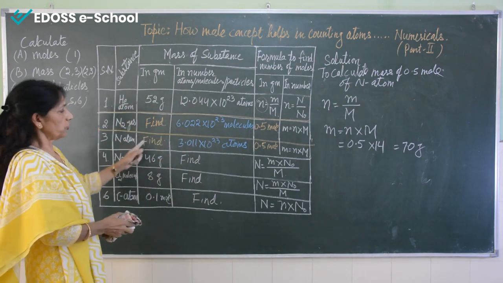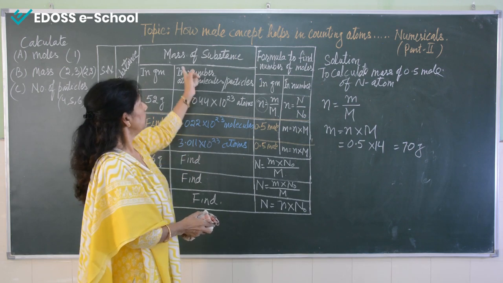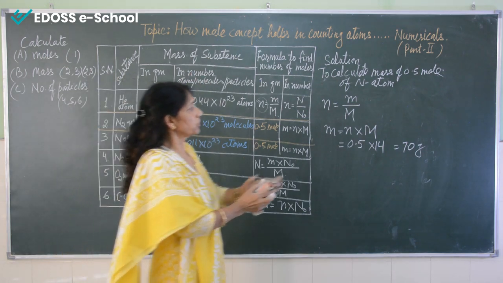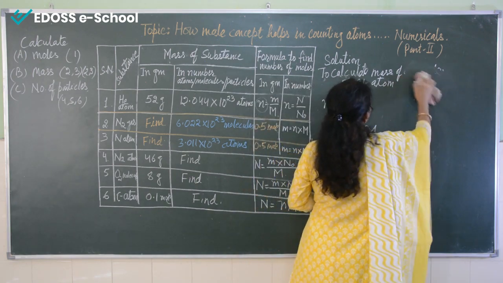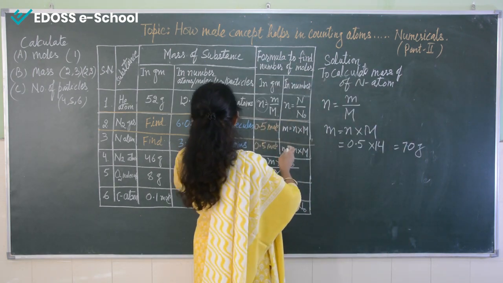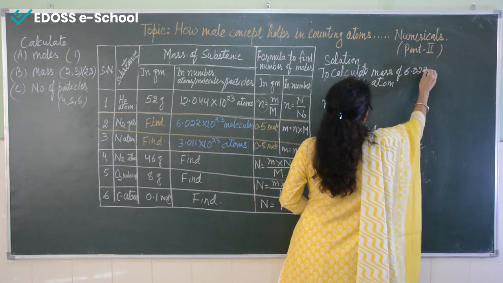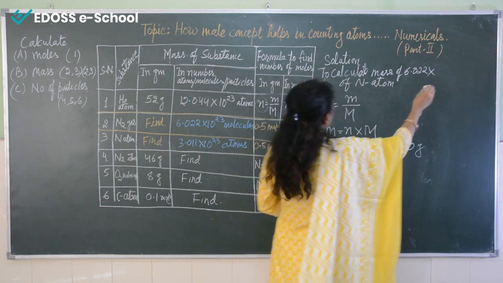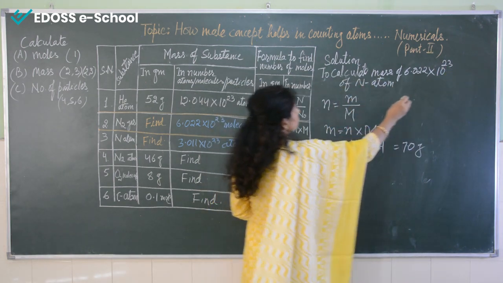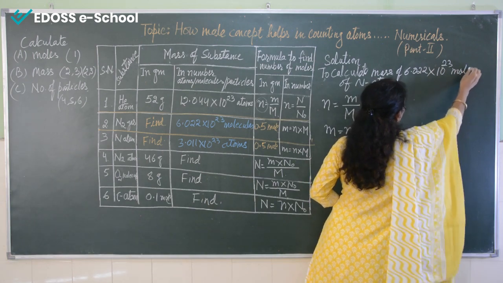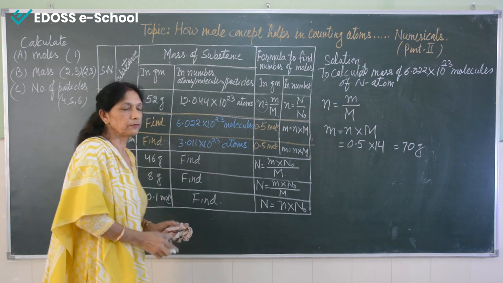Now if in the same question, in place of mole, now they are giving you number of particles. So question is same. To calculate mass of 6.022 into 10 raised to power 23 molecules.